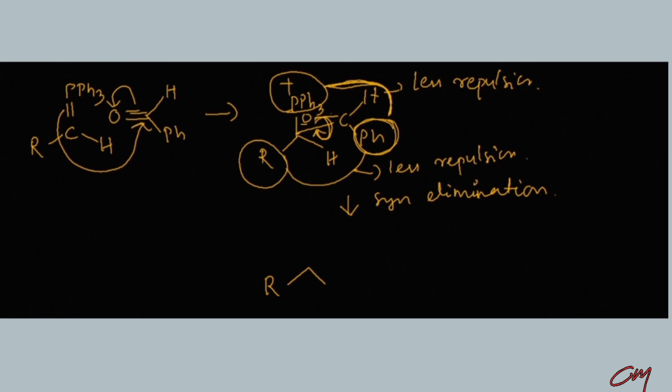So now what happens, this PPh3 plus and O minus, this Ph will go here and this hydrogen here, and now a bond will be formed between PPh3 and O, and then syn elimination will take place, and we get the alkene as this.